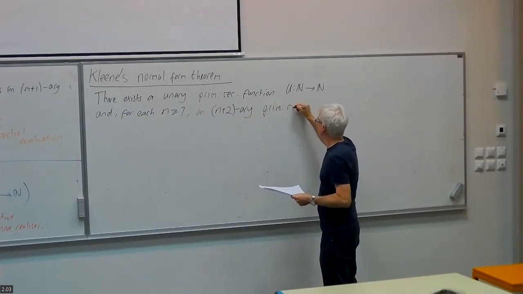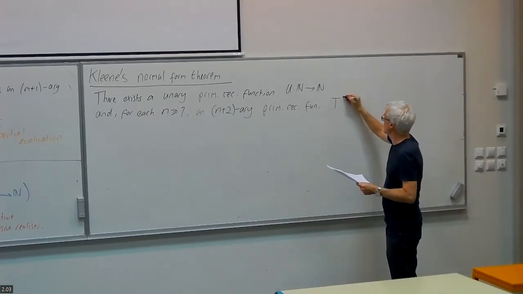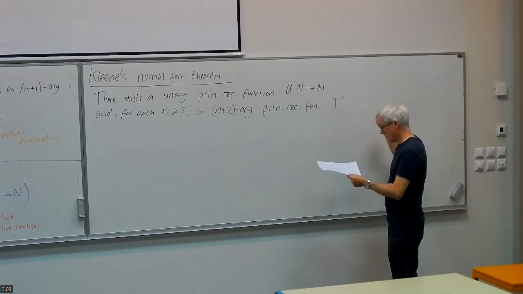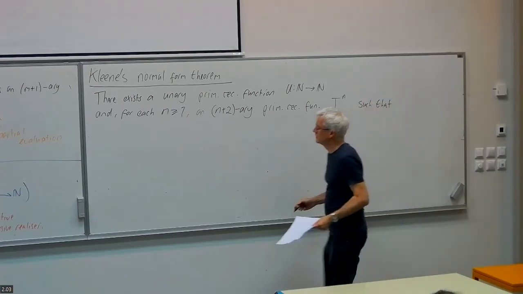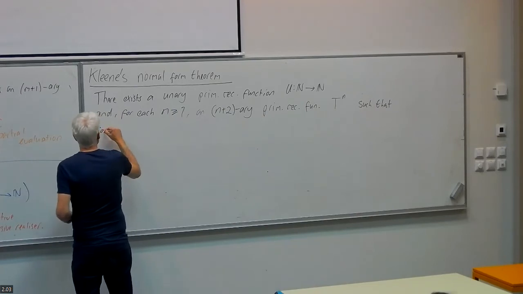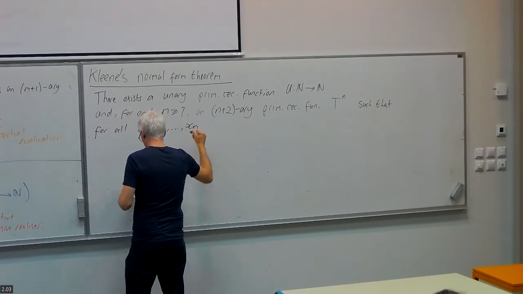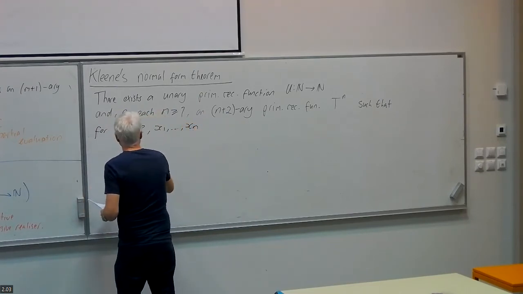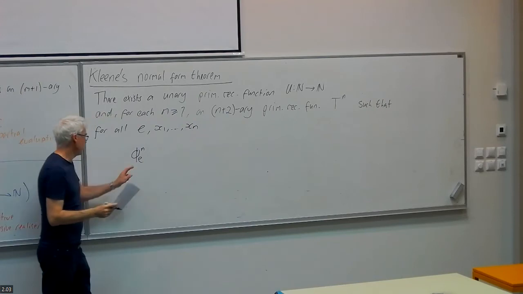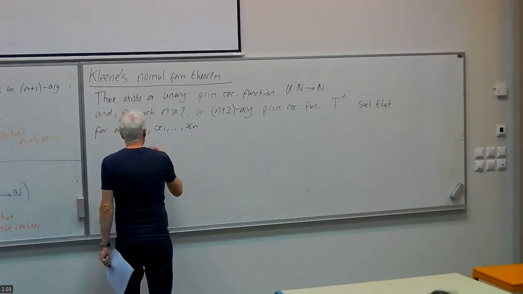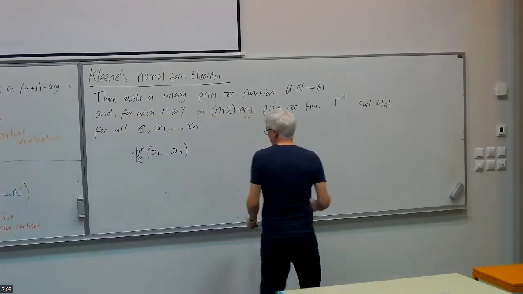So let's write it t superscript n, which has n plus 2 arguments, such that for all e, x1 through to xn, the eth indexed partial computable function of arity n applied to the arguments x1 to xn can be computed in a standard way.